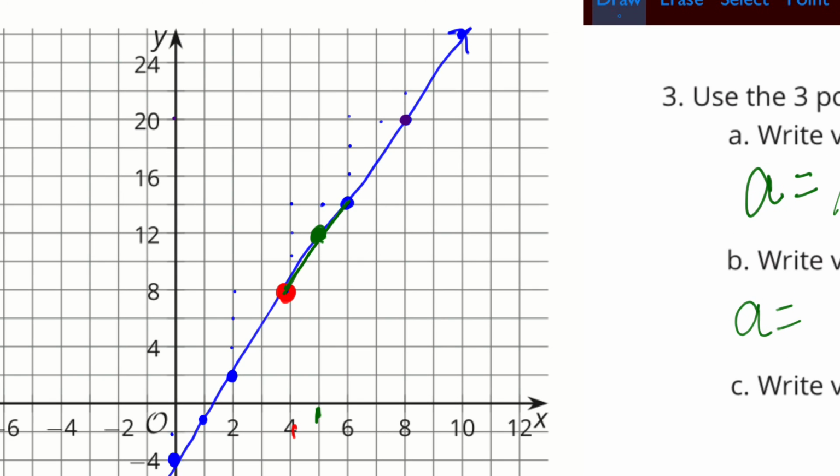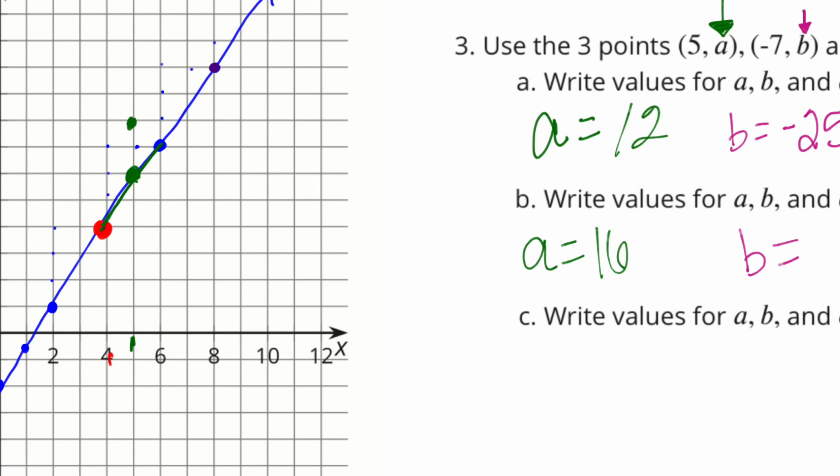Somebody pick a point that is above the line for a y value. 16. 16 is above the line, right?